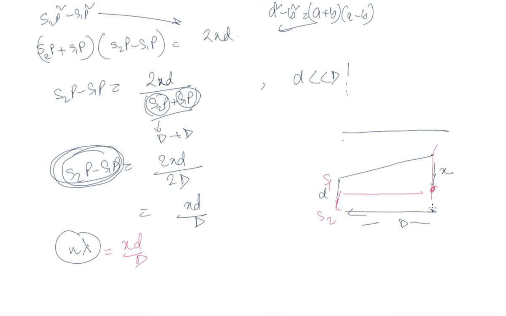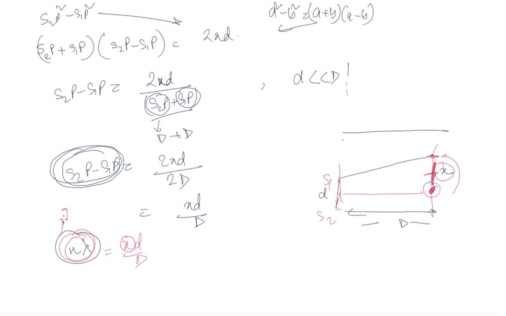Suppose this is the center and this is the source. It will depend on this distance x. We know the bright and dark fringes are given by n lambda. For constructive interference we will have a bright fringe, and this is the generalized condition.